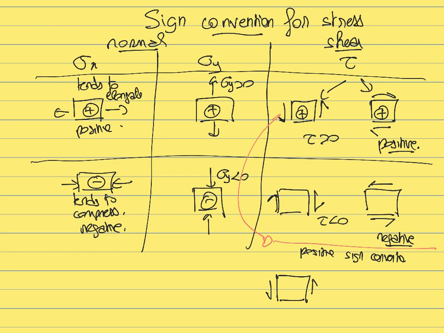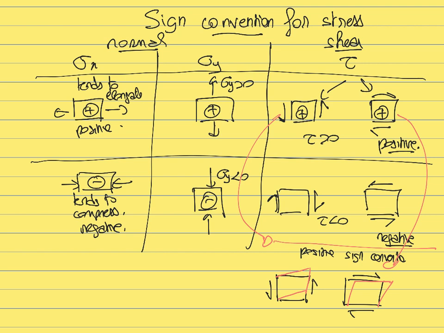What is going to be the effect of this shear stress? This shear stress is going to deform the material like this. Then let's look now at the other one. Same thing, I'm going to represent this body again, and I'm going to apply the positive shear stress. What is going to be the effect of this shear stress? It's going to deform the material like this. So now, are those two deformations the same or not?